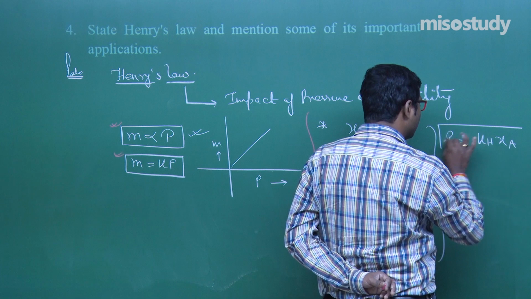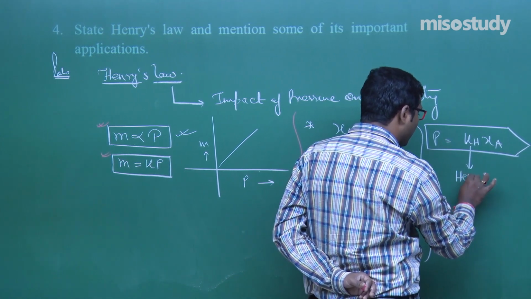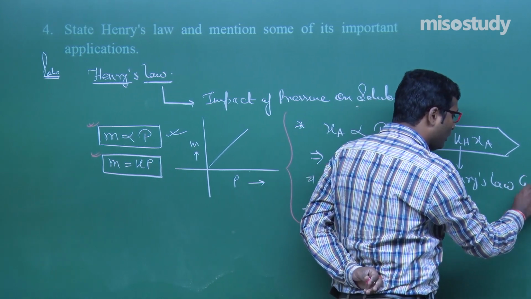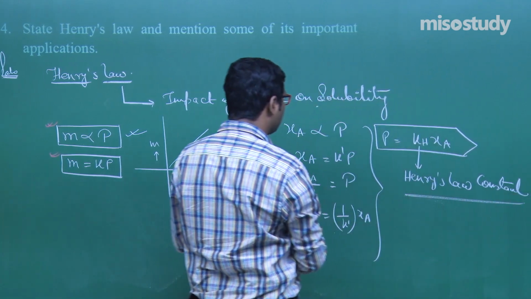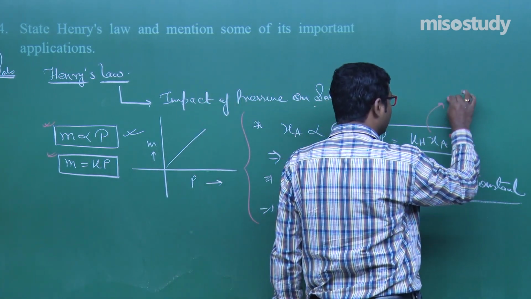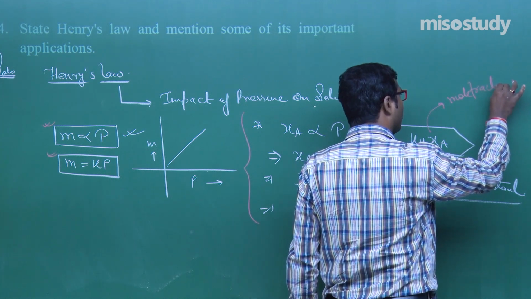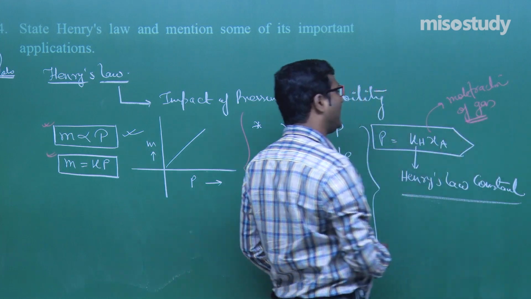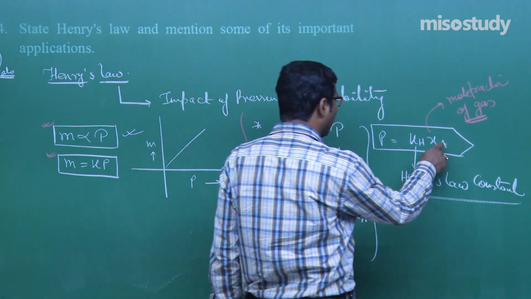What is KH? As we know, KH is Henry's law constant. Clear? And the solubility in terms of the mole fraction of gas, XA is equal to Na upon Na plus Nb. That is chi A, chi B.